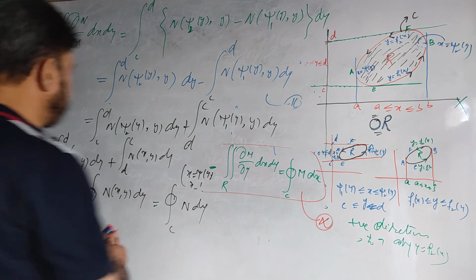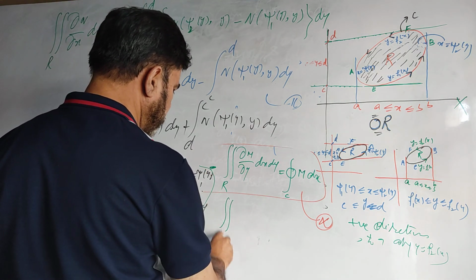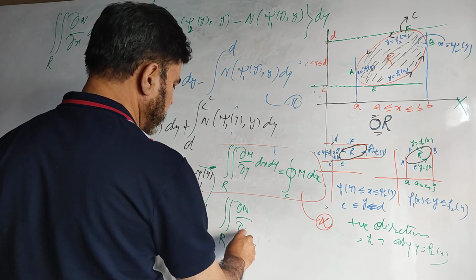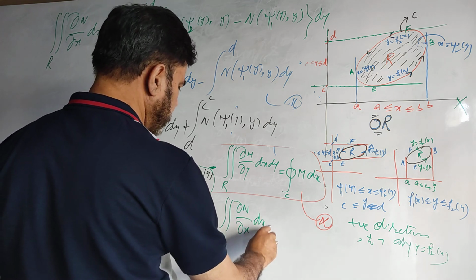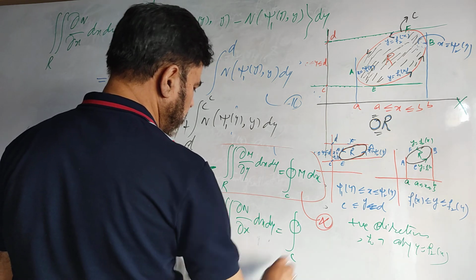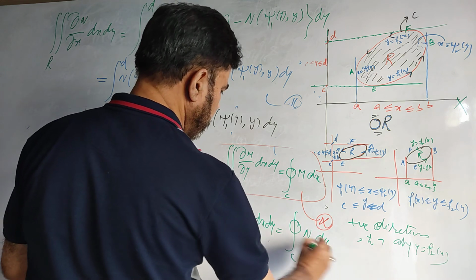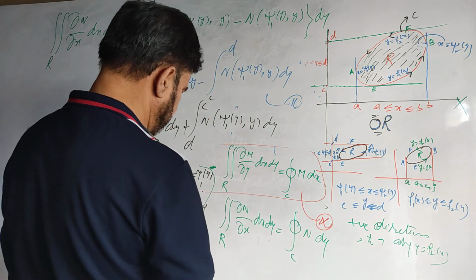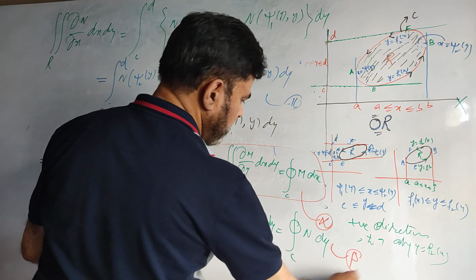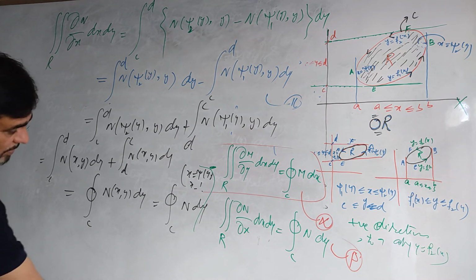We have got this: the surface integral over R of the partial derivative of n with respect to x, dx dy, equals the line integral over the closed curve C of n dy. This is your beta. This is your beta function. Do you follow me? This is beta.